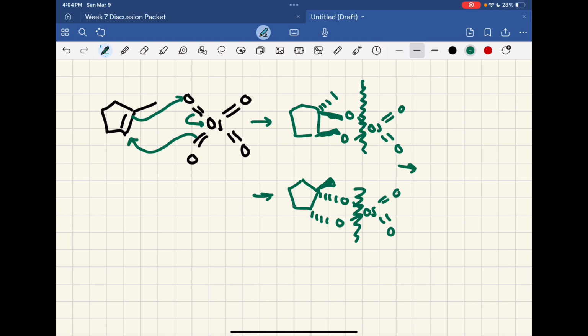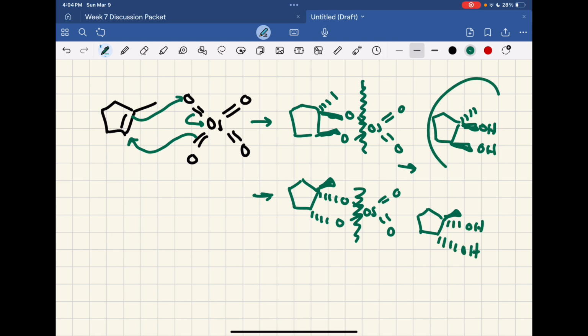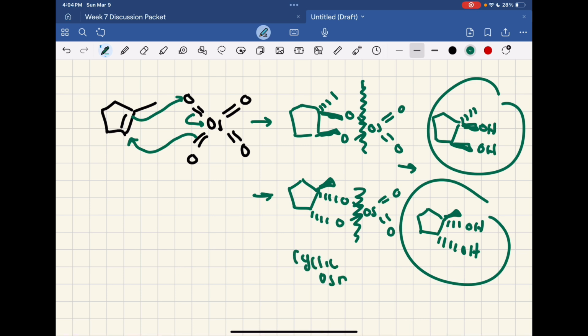And we don't teach that part of the mechanism, but you could see where the diol arises. This is oxidation because we gained oxygen atoms to these carbon bonds. Okay, and then this one would be that and that. Okay, so these would be the two enantiomers that you would have to draw on the test. This cyclic structure in the middle is called a cyclic osmate. Just be familiar with that terminology. We would expect you maybe to even draw that ring. Okay, so that is that.